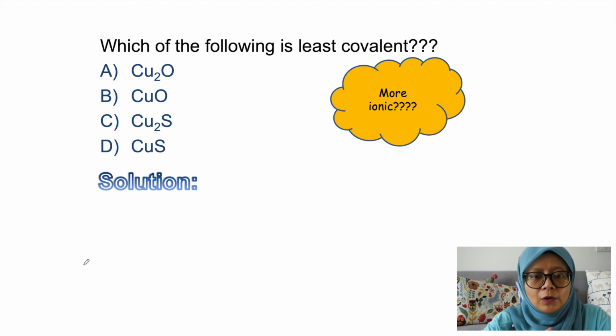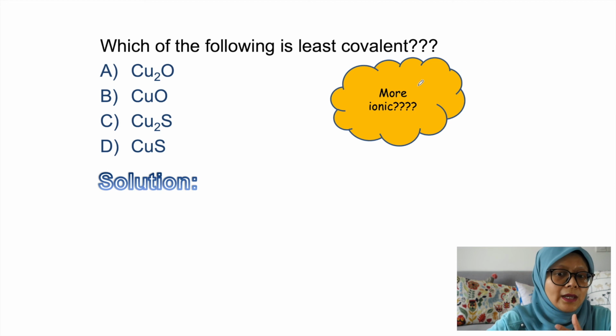Which of the following is least covalent? This also we will discuss in class, and please do this question A, B, C and D with justification. Which one is the least covalent, or in the easiest way, we call it more ionic.